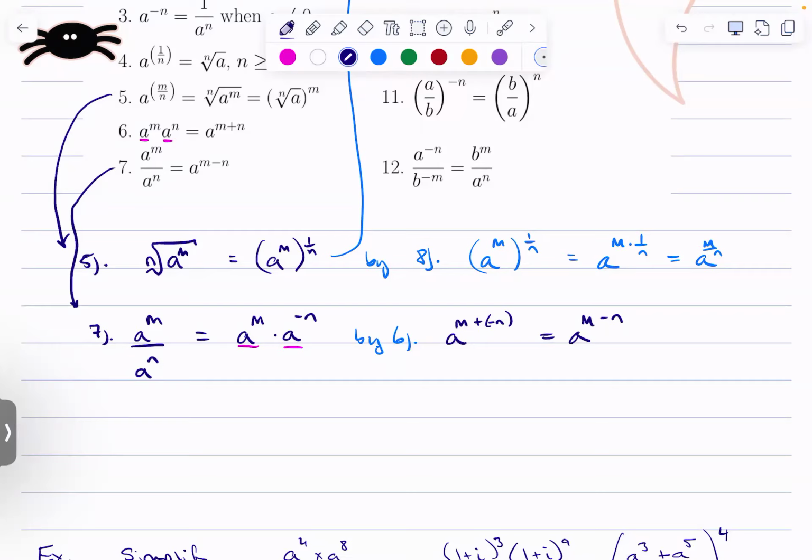Now these rules are established, and so you don't need to show all this work. You're allowed to move back and forth immediately between these two. I just want to show you where they came from so that they're not so crazy, in case it's been a while.